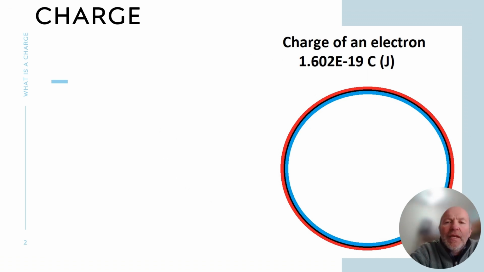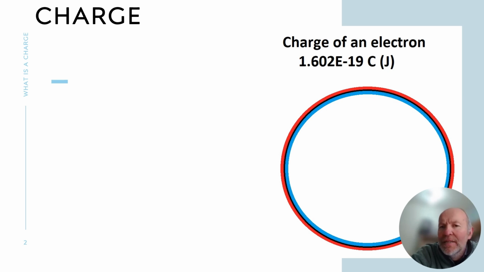So the electron is a spherical particle. It has a normalized charge of -1. The normalization process, really, one electron actually carries a charge of 1.602 to the -19 coulombs.